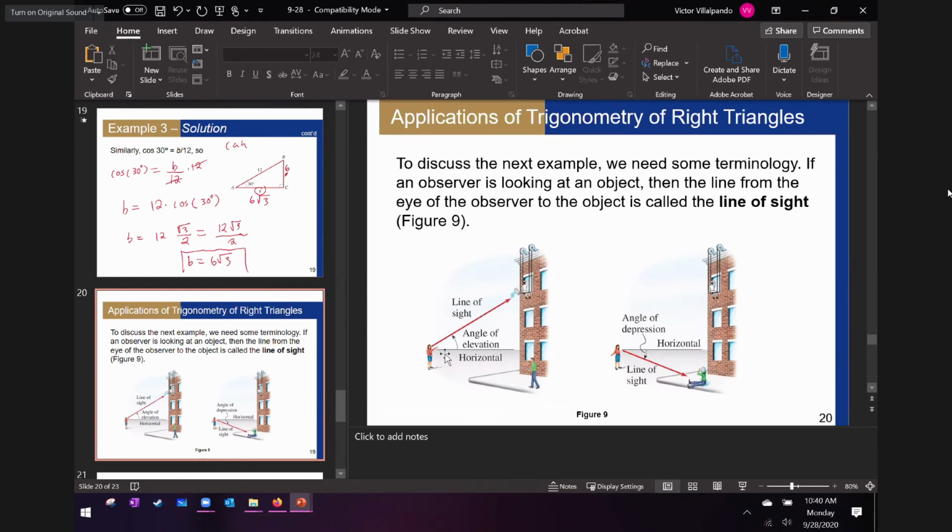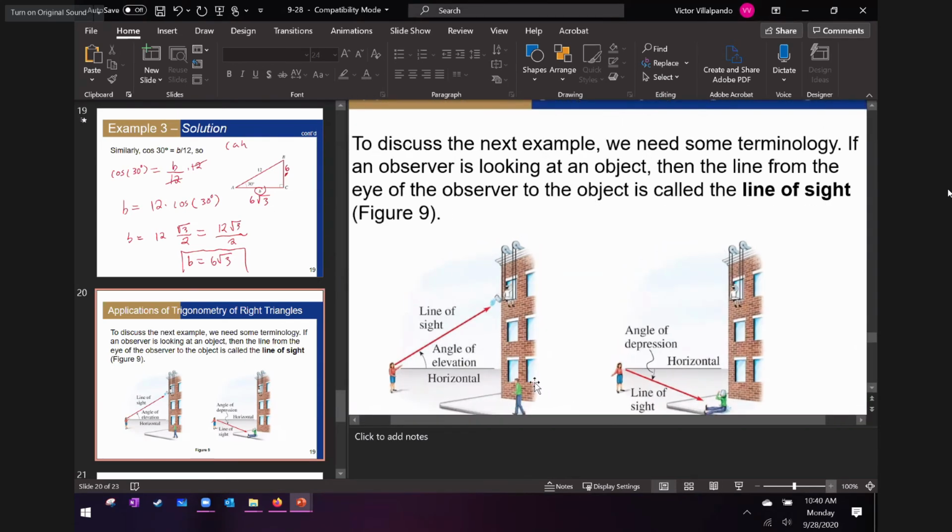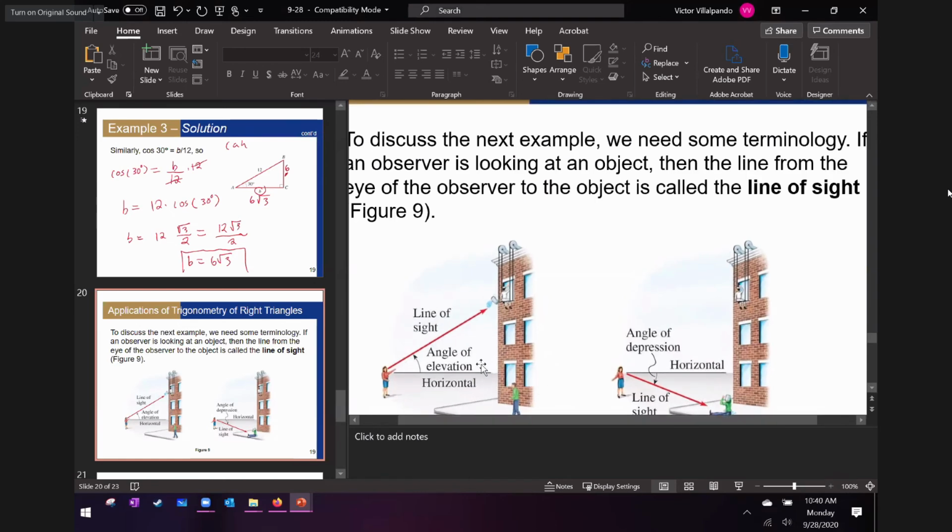You can think about this being the positive x-axis right here. So his line of sight is looking up, and they call that an angle of elevation. I like how they use that black line there. Think of that as the positive x-axis. If he's looking up, then this has an angle of elevation.